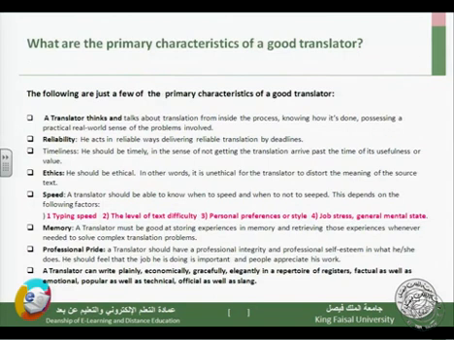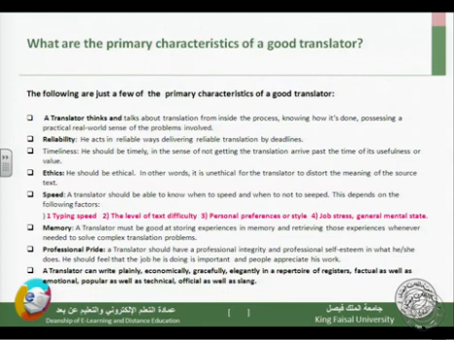Now, this is a very important point which everybody would like to have, or to be characterized by, or to be called he is or she is a good translator. Now, what are the main characteristics of a good translator?